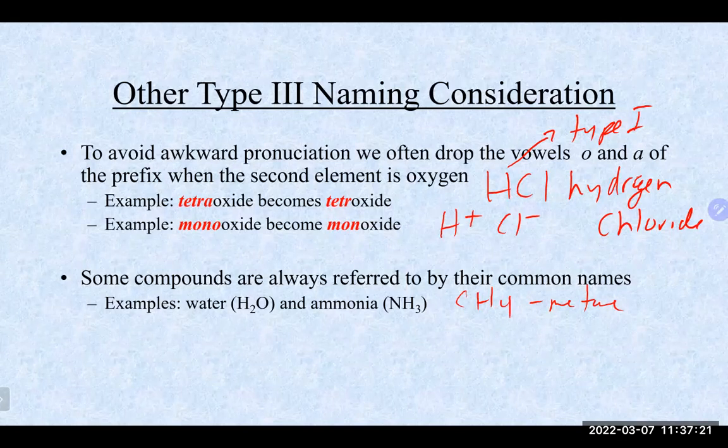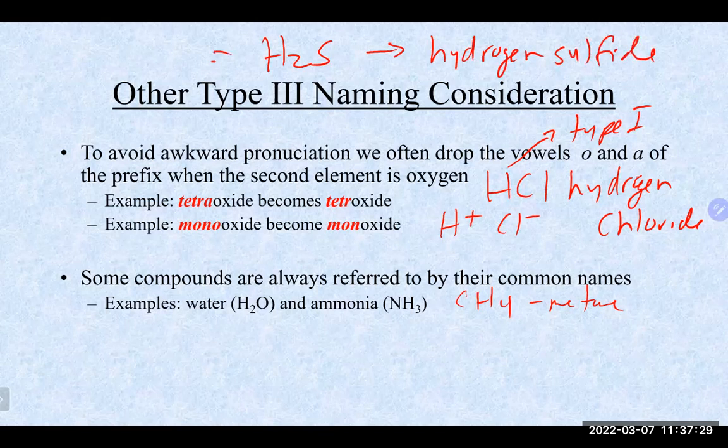Even if you had two of them, for example, H2S, we would call this hydrogen sulfide. We think of this like two H pluses and an S2 minus. It has a lot to do with it being acids, and a lot of acids work this way. But hydrogen is kind of a weird nonmetal when it comes first.